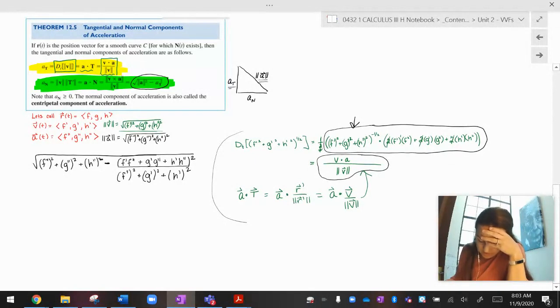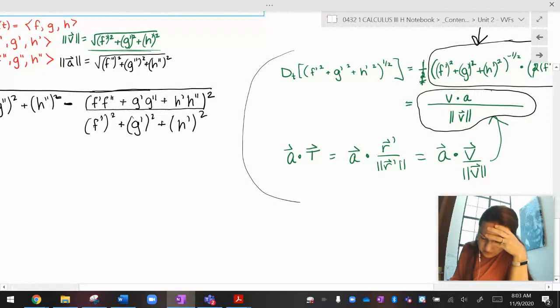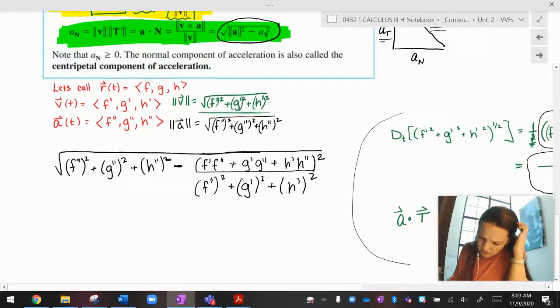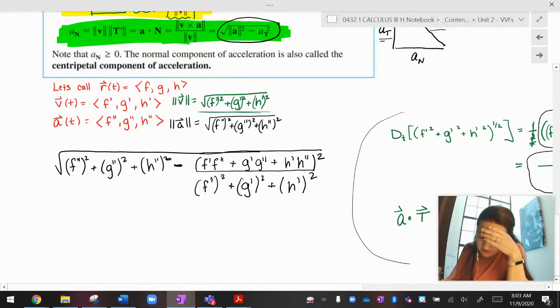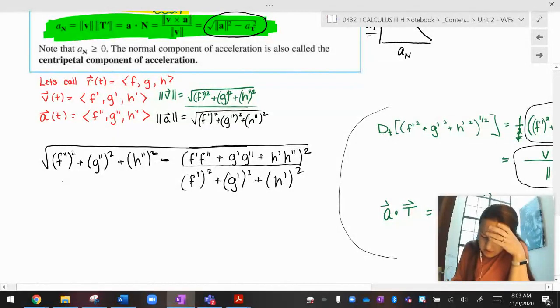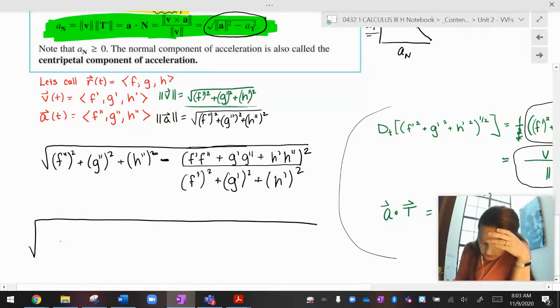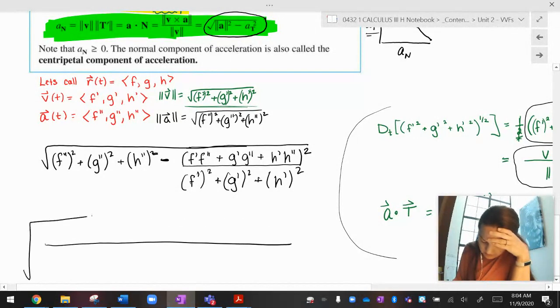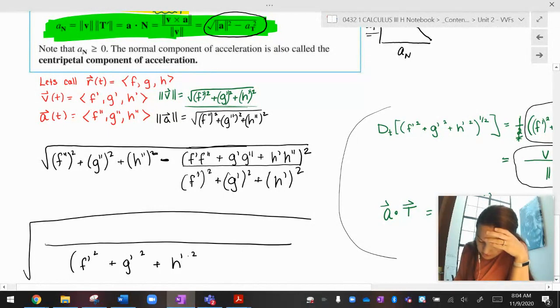Okay, fine. Well, now if I want to simplify this, I kind of sort of want a common denominator, right? And so if I really want a common denominator, I'm going to give this the denominator of the right-hand side. So I'm going to take this and rewrite it as everything over f prime squared plus g prime squared plus h prime squared.